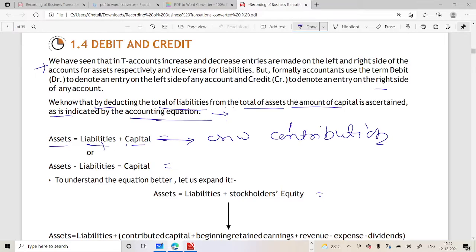Contribution. Liabilities, because when we talk about business, we'll definitely do some transactions on credit, we'll take some loans for the business, and we'll request our stakeholders or creditors to hold for some time, and only then can you pay the charges for their services or goods that you have purchased from them.